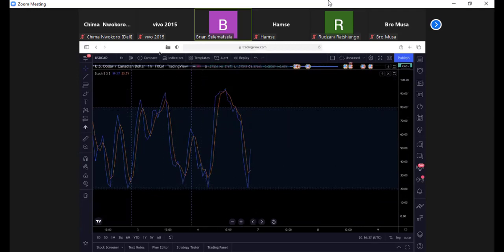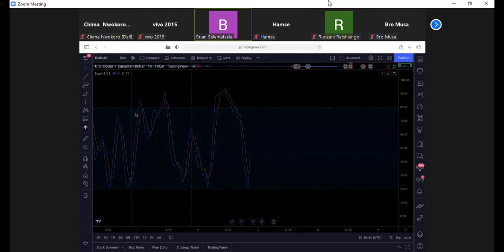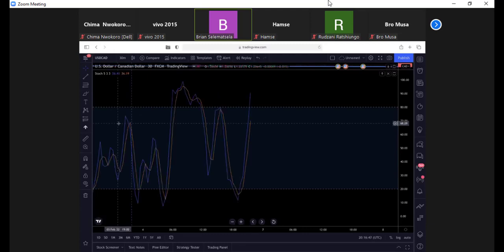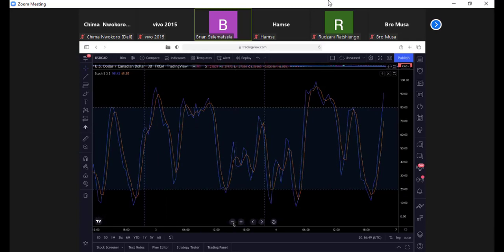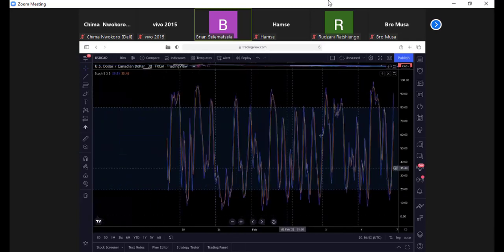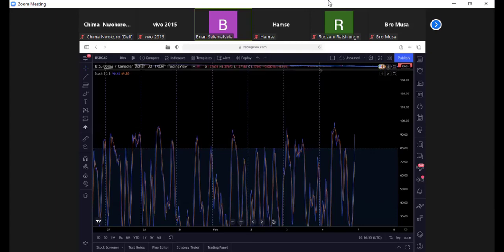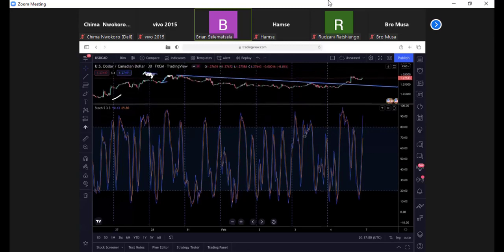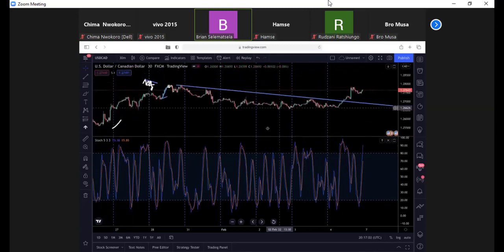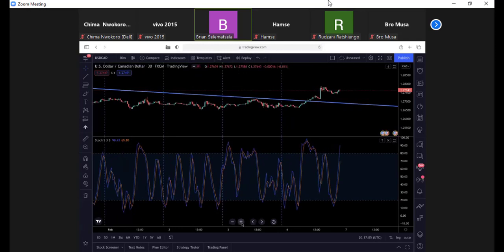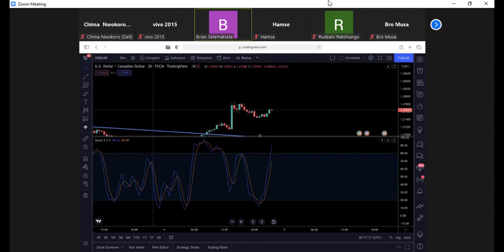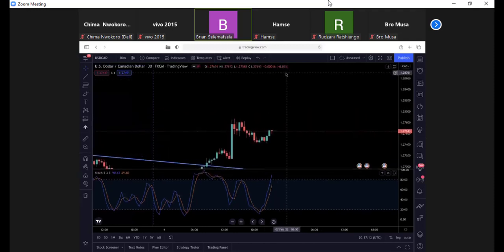So I'll say they match on the horizontal line, but 30 minutes should tell me something. Yes, of course. There's something very clear on this time frame.